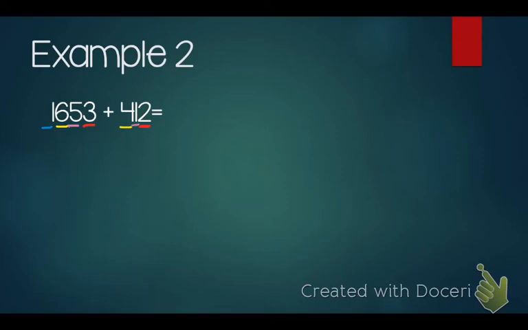So again I'm going to write my numbers one on top of the other, in columns. And when I'm doing this, I have to keep in mind that I need to line up the ones place with the ones place, the tens place with the tens place, and so on and so forth. So that means that I need to line 2 up with 3.